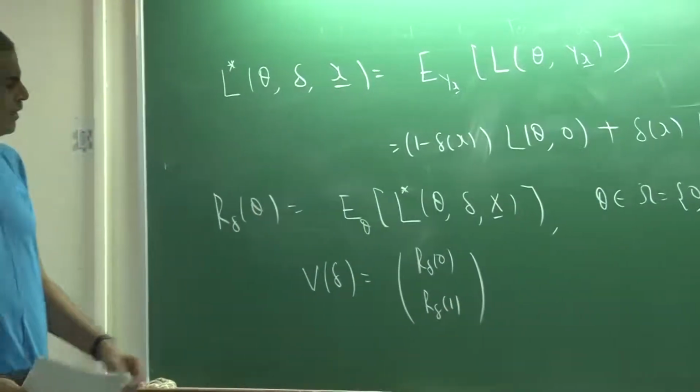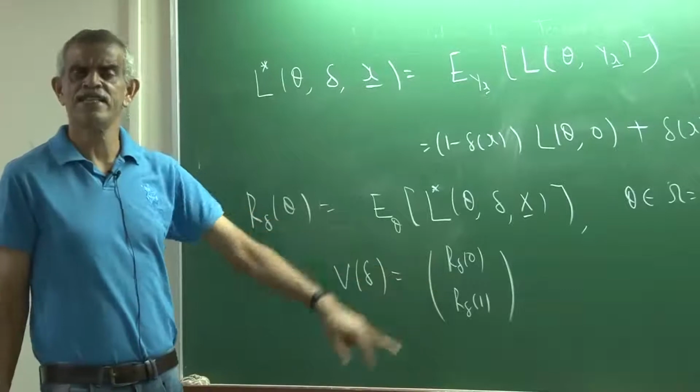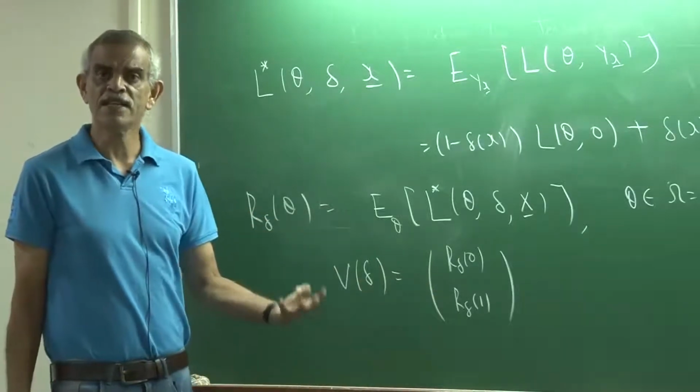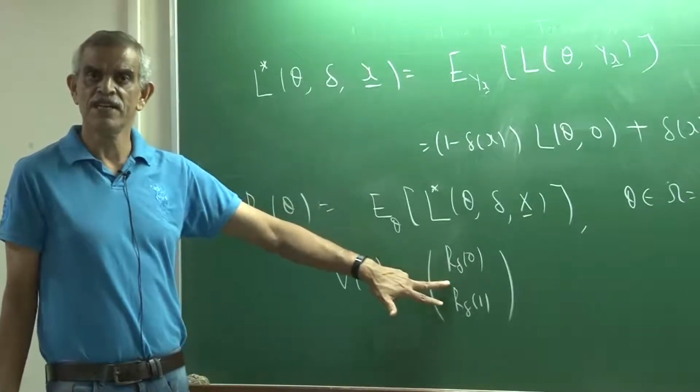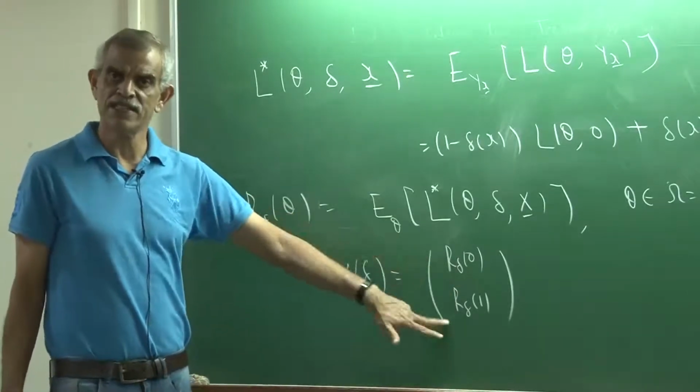So for any decision rule delta, rather than calling it a risk function, I call it a risk vector, because there are only 2 components of the risk of delta. One is R(delta, 0) and one is R(delta, 1).